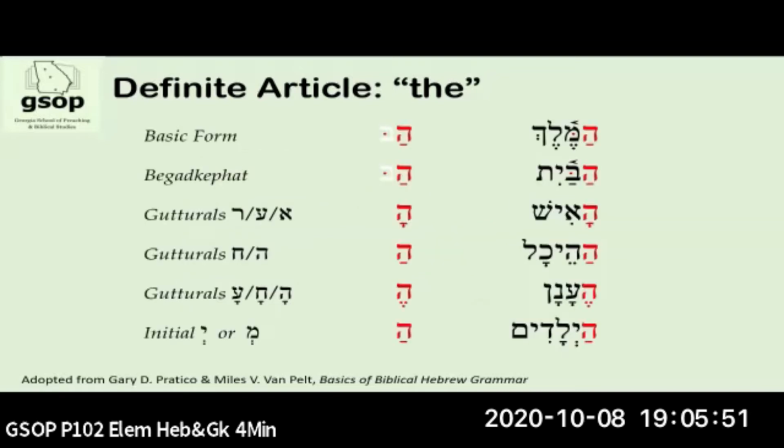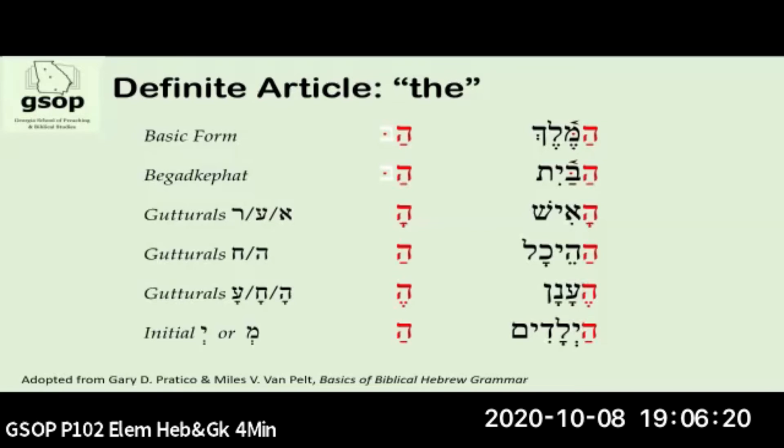Okay, so also, just so you know, if you see the hay in front of a word, it's probably an article. It's probably an article. Now, some words start with the hay, although most don't. But that hay with the patach underneath it and the dagesh forte in the first consonant next to it can look differently in other cases.